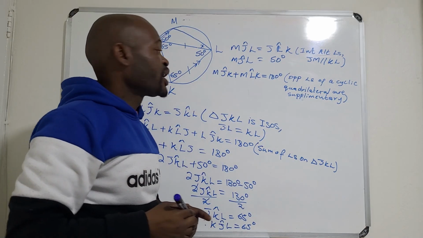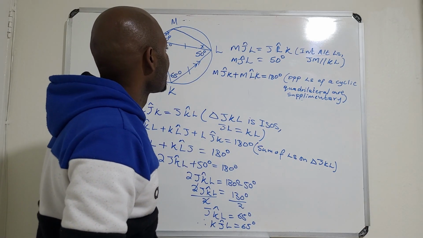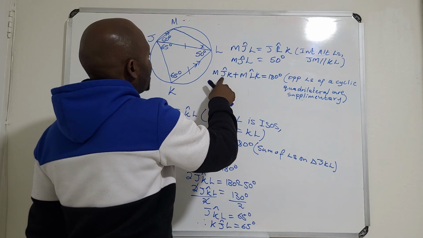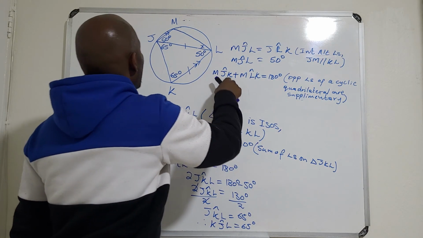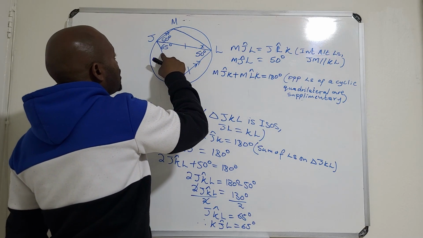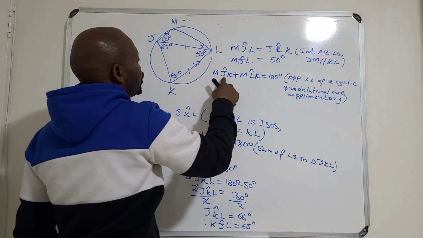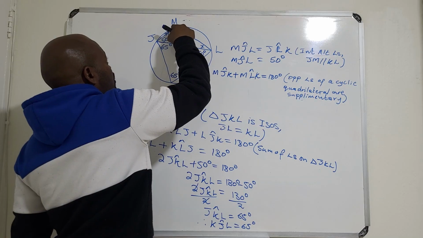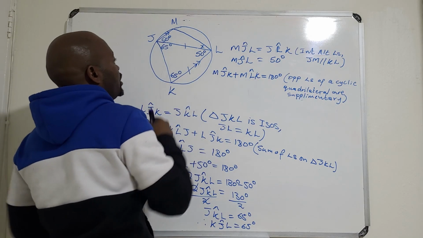Opposite angles of a cyclic quad are supplementary. Now, angle MJK is the same as this angle plus this angle.